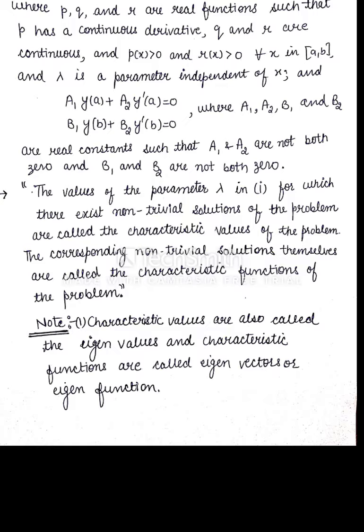So if you want to find characteristic values, then find the values of lambda first and then find the corresponding solution for this value of lambda, and find for which value of lambda you are getting non-trivial solutions. That value of lambda is called the characteristic value, and the corresponding non-trivial solution is called the characteristic function.